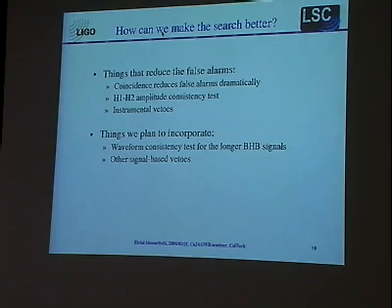Okay, so how can we make the search better? That's what we're working towards. So things that we already do that reduce the false alarms are these three. Coincidence reduces our triggers by a very large amount. We also do an H1, H2 amplitude consistency test for triggers that come out of our pipeline.